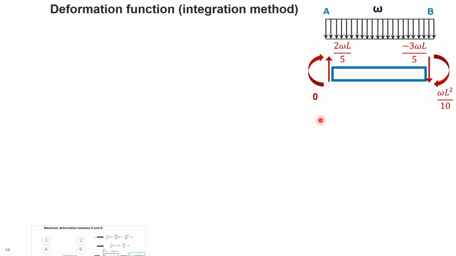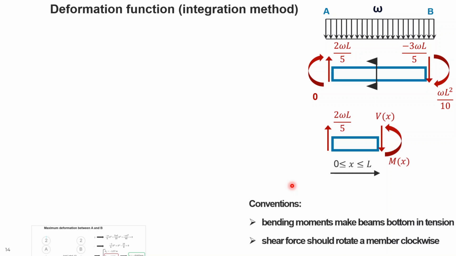And the purpose is to calculate the function of the deformation of this segment AB. For that purpose, I make a cut of this AB at an arbitrary place, like X position from the left end.